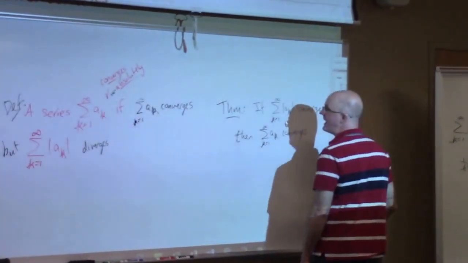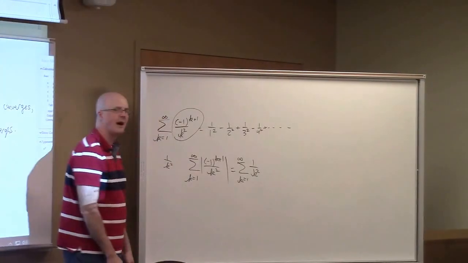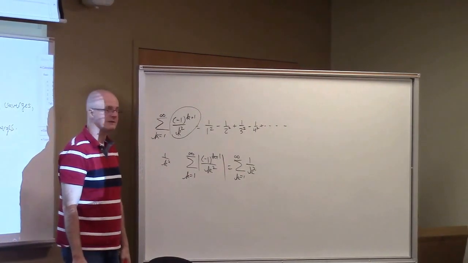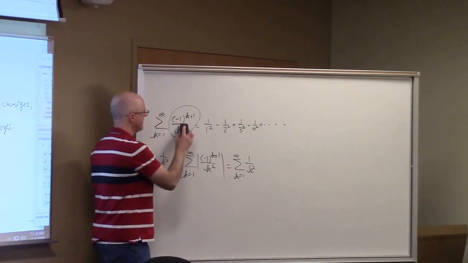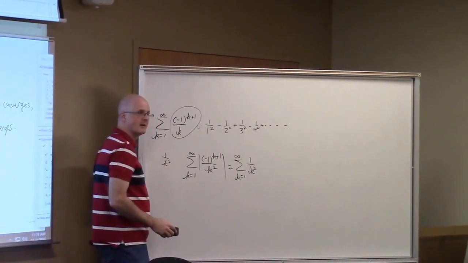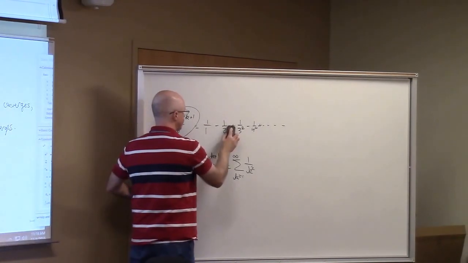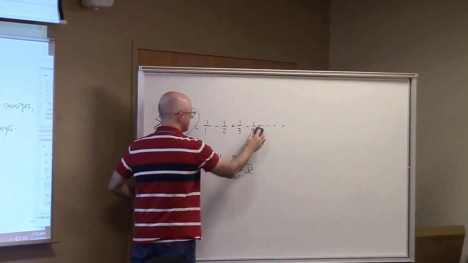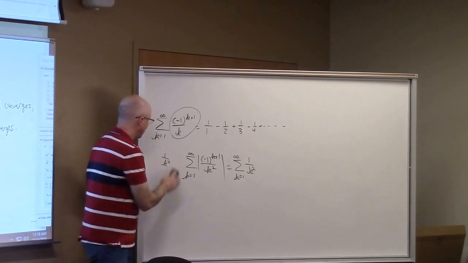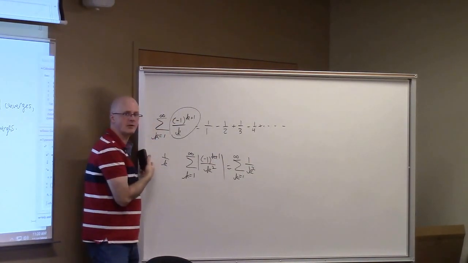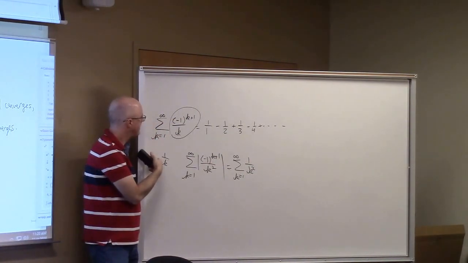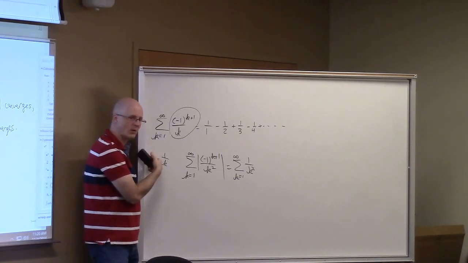What's an example of a non-absolutely convergent series? The alternating harmonic series is one. If I get rid of this 2 here, I make it the alternating harmonic series. That does satisfy the hypotheses of the alternating series test. You're getting rid of the negative 1 to the k plus 1, considering this sequence right there, 1 over k.